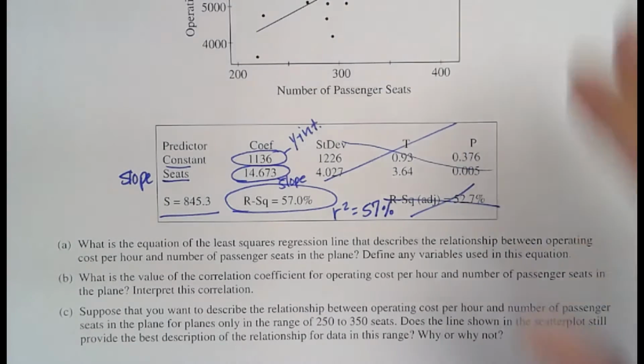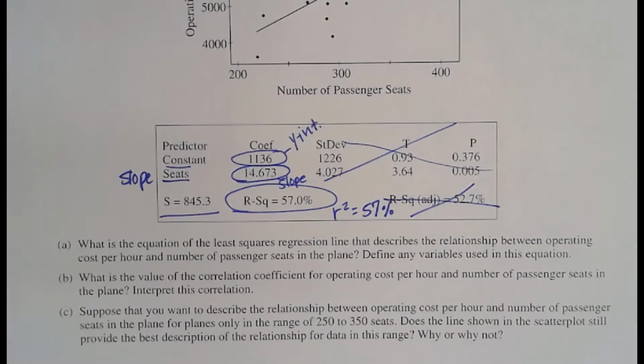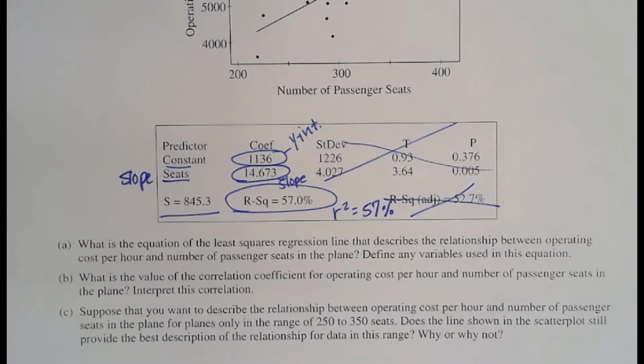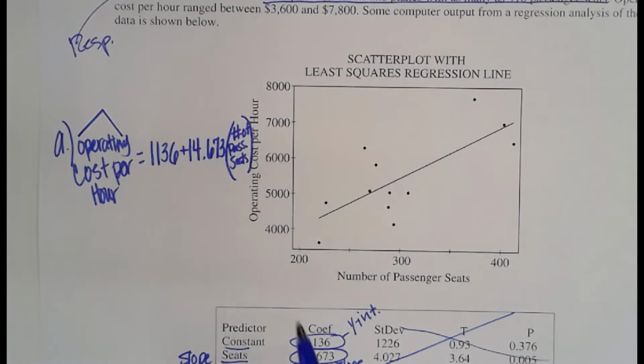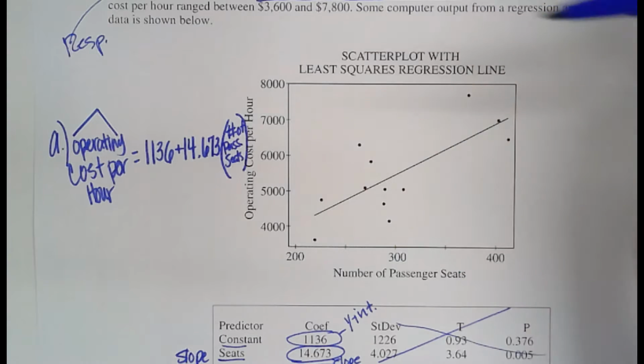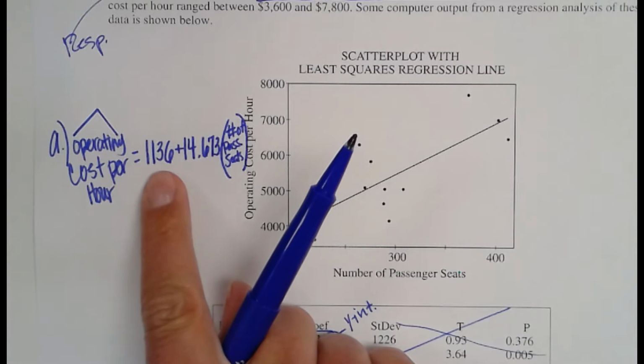Number one asks: what's the equation of the least squares regression line that describes the relationship between operating cost per hour and number of passenger seats in the plane? Define any variables used. Always write it in words, the way I told you to in class. In stats, we put the y-intercept first, where it's usually mx plus b, but we do it backwards.